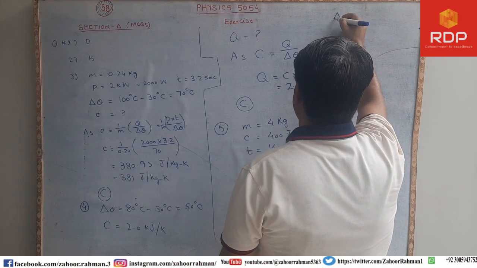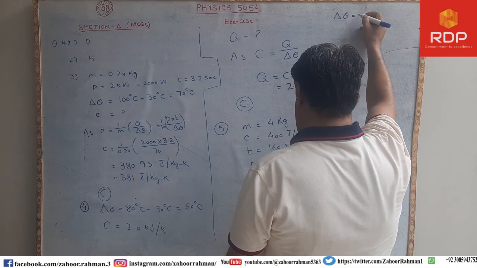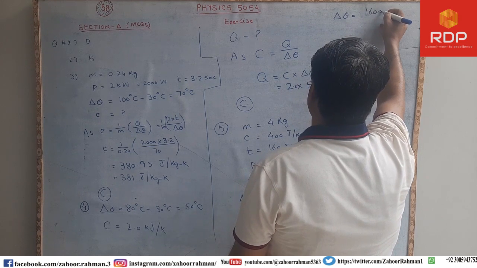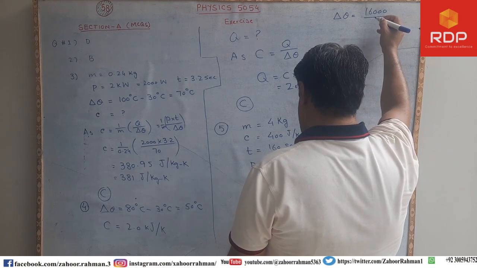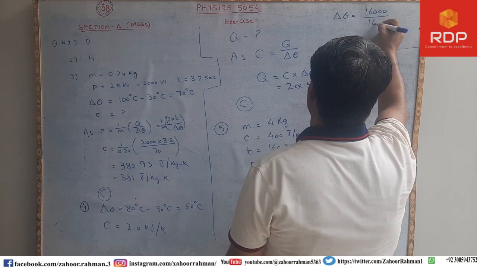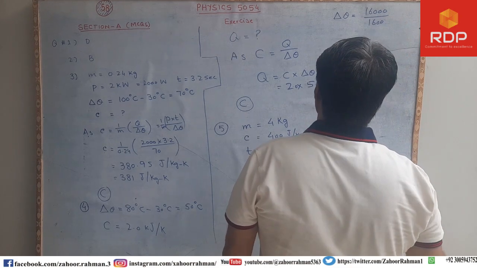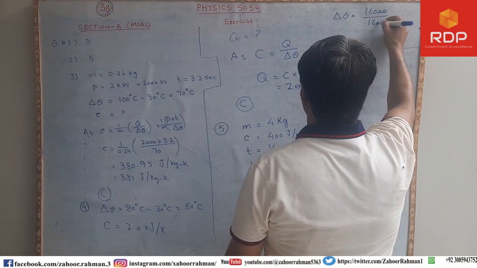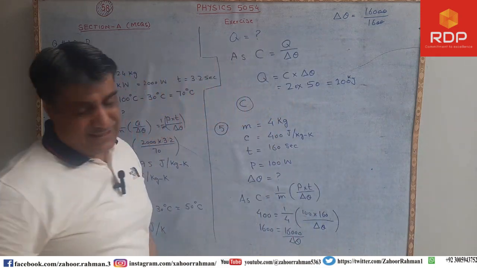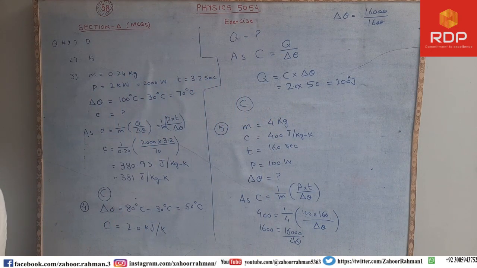So delta theta is equal to 16,000 divided by 1600. These two zeros will be cancelled, and when we calculate all these things, it will be equal to 10.